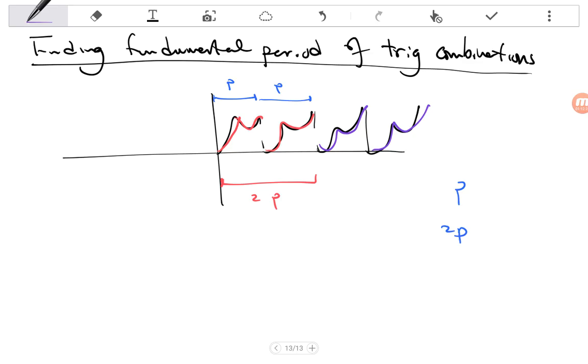So whenever I have a periodic function, it will also be periodic for an integer multiple of that period. It will be periodic for 2P, 3P, 4P, and so on. All of these can be considered as a period for that function.